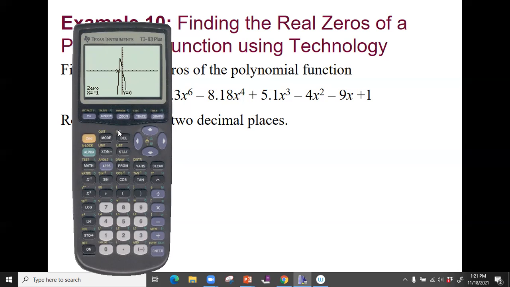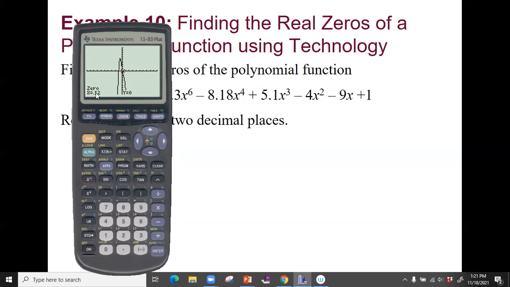Okay, then I'm going to do the same thing again, but to the other side. So second, trace, 0. This time I'm going to go from a positive to a negative. So I'm at positive y. I'm going to keep going until I become a negative y. Hit enter. It does a little thinky thing.